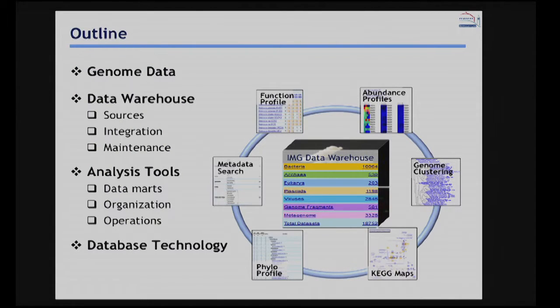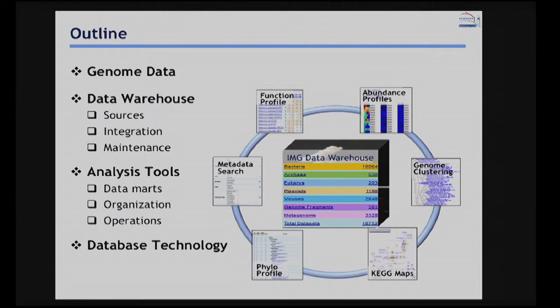So what I'm going to talk about is a little bit clarifying what genomics means, what the genome data is all about, the sources, integration, and the maintenance of the data warehouse itself, and how the analysis tools look. The data warehouse and all this infrastructure really serves one purpose, and that is providing the analytical capabilities for scientists to do their work.